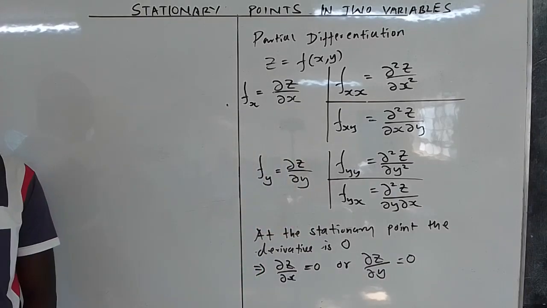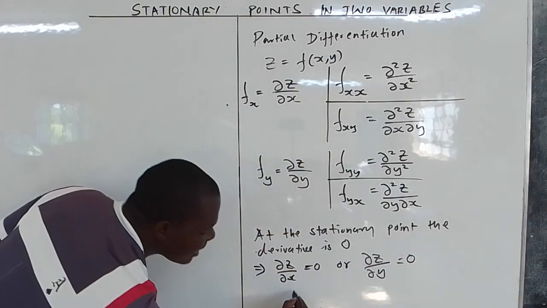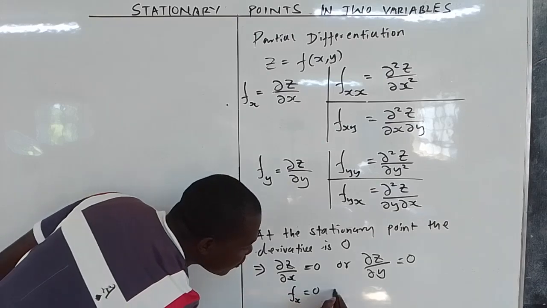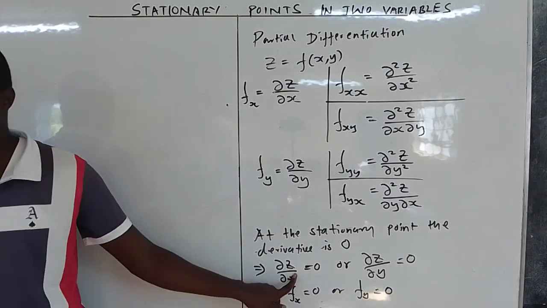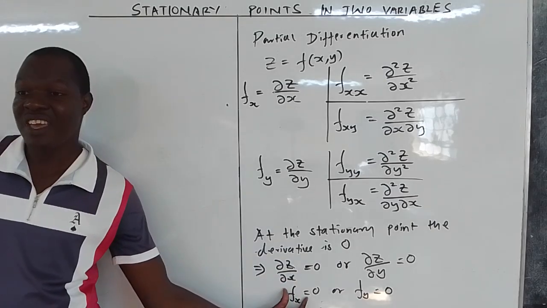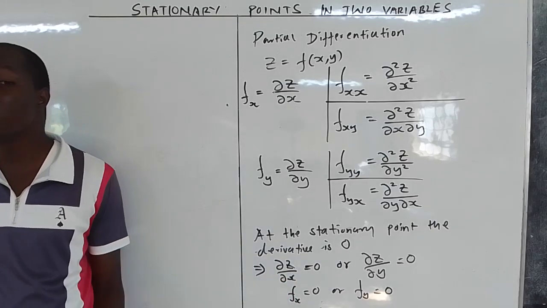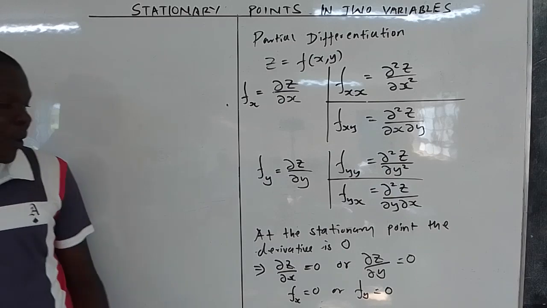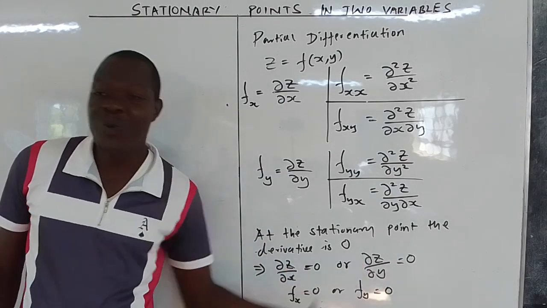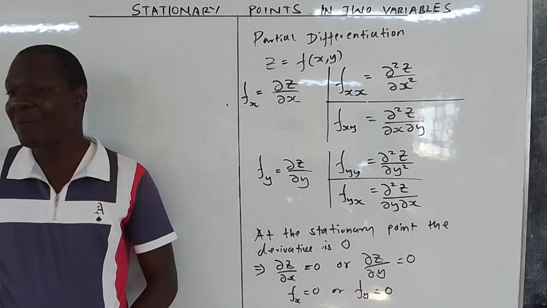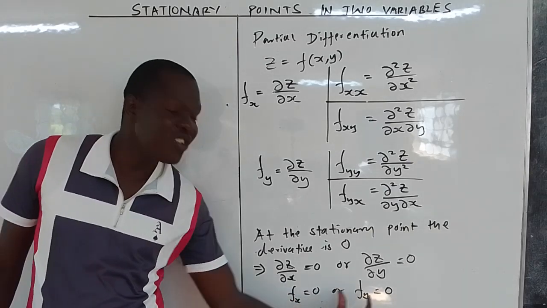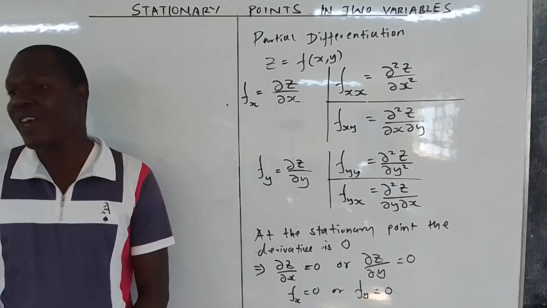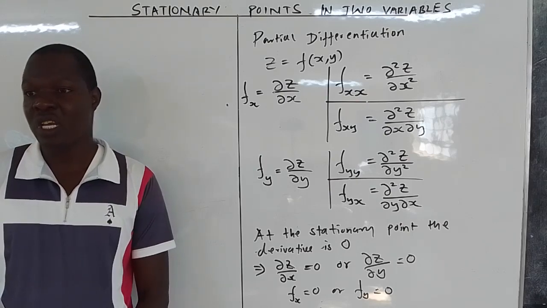Are you seeing that? Or you can say f subscript x is 0, or f subscript y is 0, because this notation is a different way of notation, meaning we are going to use 2 different methods. So we see a method whereby, if you feel comfortable with this, we deal with the discriminant, isn't it? Then we see a method, if you are comfortable with this notation, we deal with the determinant of the Hessian matrix, isn't it?